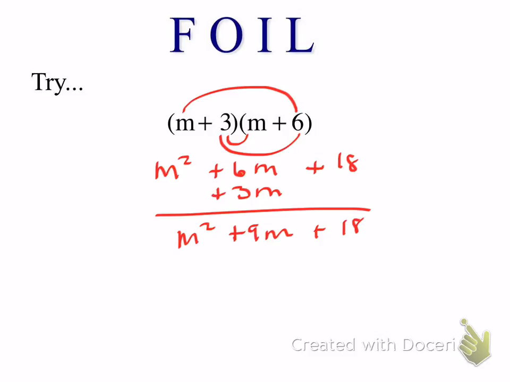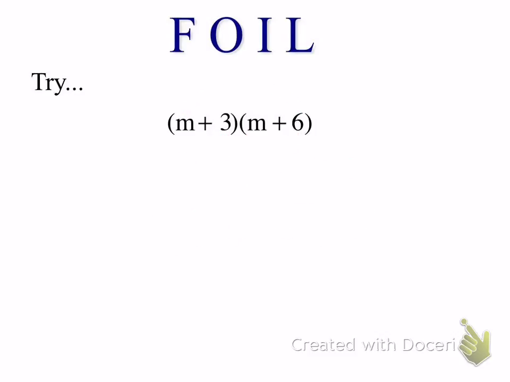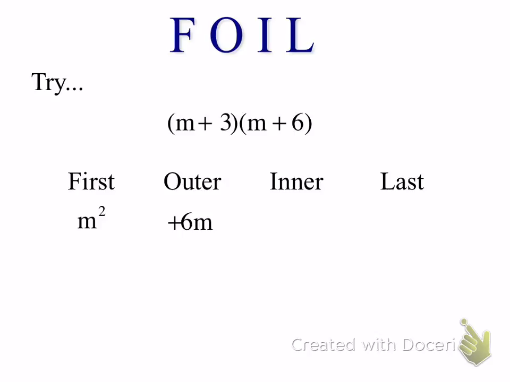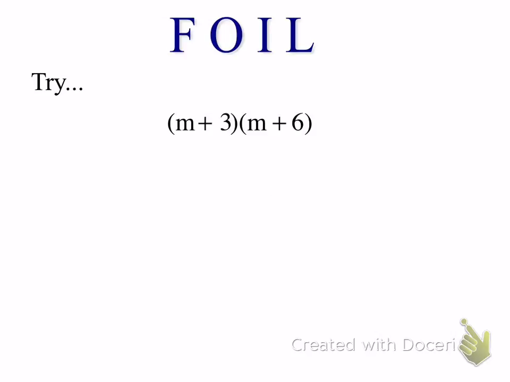Good. All right, so now let's look for some patterns, guys, because it's going to take you an awful long time if you can't do it mentally. Okay, I'm going to do a couple for you, and I'm going to see if you guys can find a pattern. So here's one. We said m plus 3 times m plus 6 is m squared plus 9m plus 18.